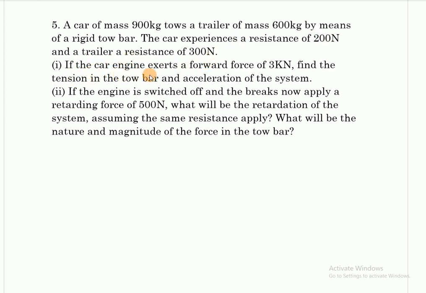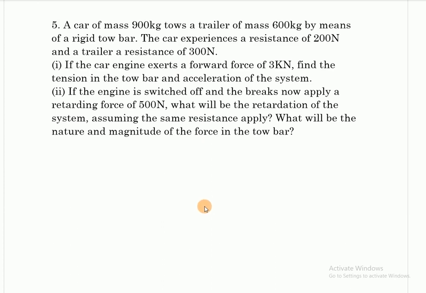If the car engine exerts a forward force of 3 kilonewtons, find the tension in the tow bar and the acceleration of the system. Roman 2. If the engine is switched off and the brakes now apply a retarding force of 500 newtons, what will be the retardation of the system, assuming the same resistances apply? What will be the nature and magnitude of the force in the tow bar?